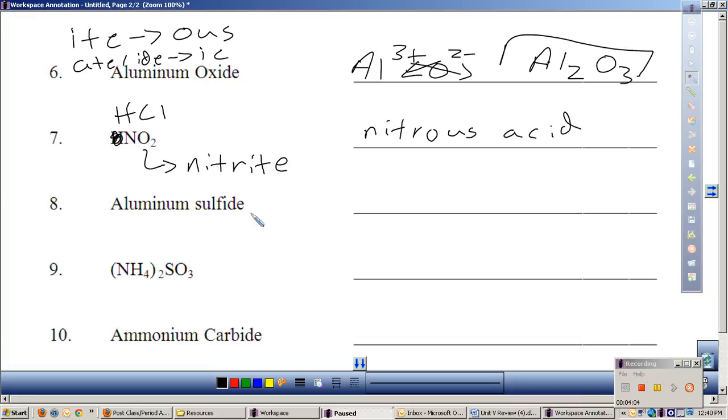Alright, aluminum sulfide. Basically, it's going to be the exact same as above, except in this case, it is now Al2S3. Alright, (NH4)2SO3. This guy right here is the only polyatomic ion that has a positive charge that you guys are expected to know about. NH4 is what?